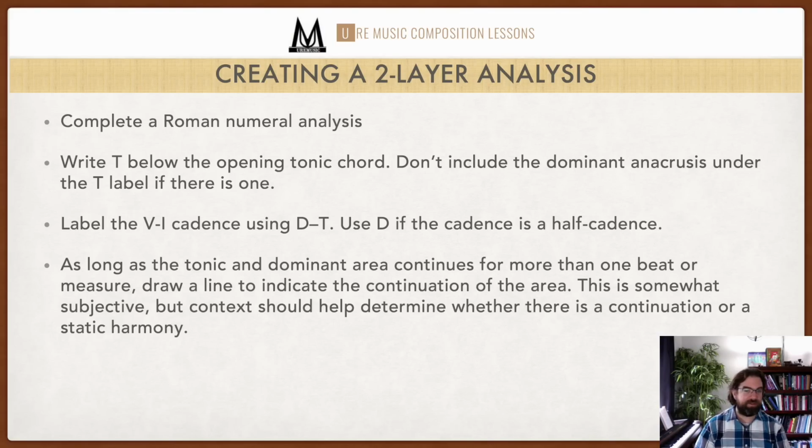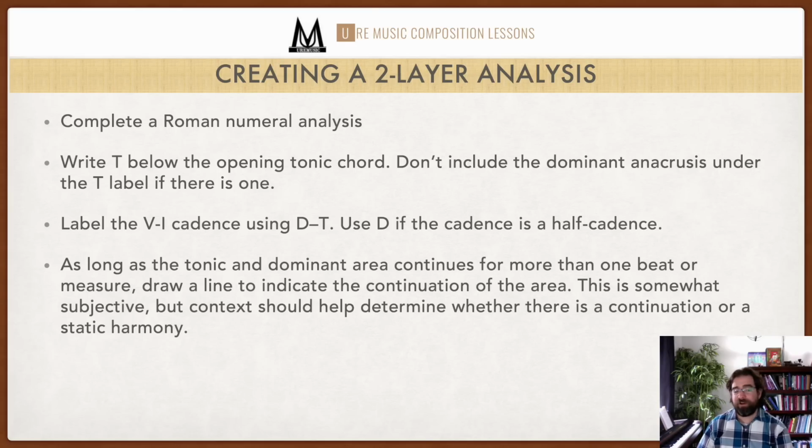So it could be a 6 chord going to a 5. It could be a 4/6 going to a 5. It could be a 2 going to a 5. If the phrase ends on a 5 chord instead of a 1 chord, we call that a half cadence, and that would be an example of an inconclusive cadence. It doesn't really indicate the end of the piece, and it doesn't conclusively end the phrase.